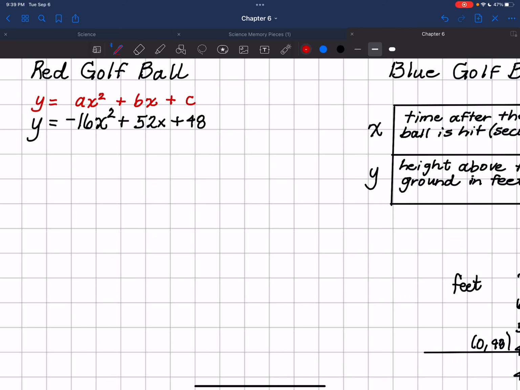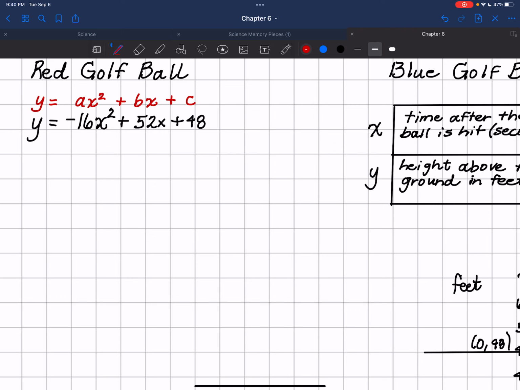So if this were linear, we could just let y be 0 and then figure out the value of x. Or we could let x be 0 and figure out the y-intercept. But because this is quadratic, we have two values of x. Now, only one of them will be relevant to our story, but we still have to find both of them.